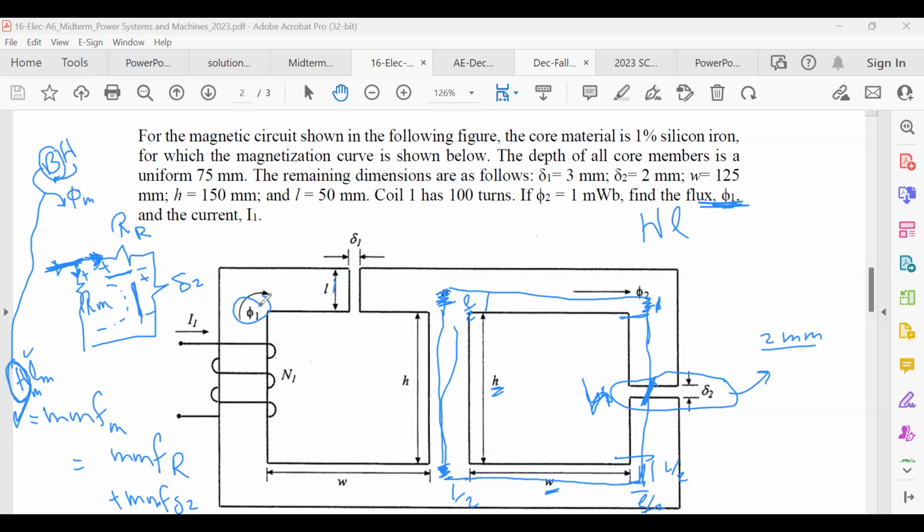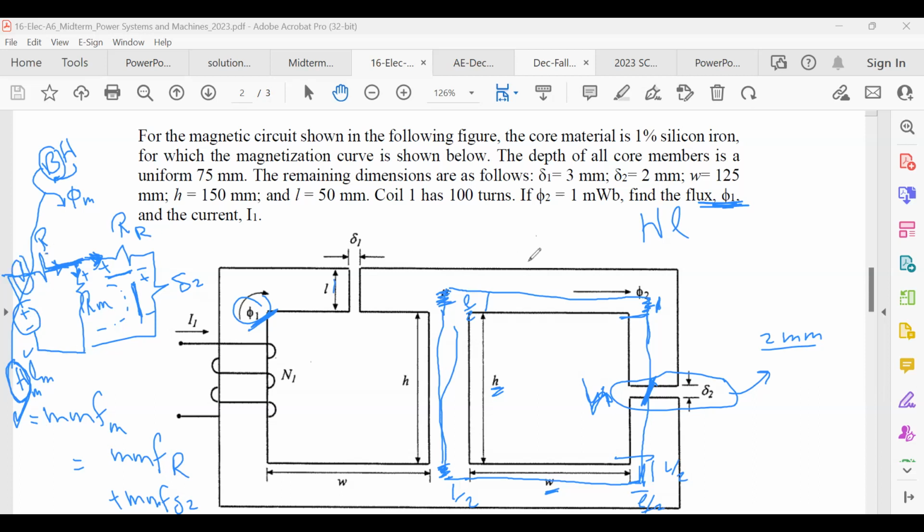Okay. Now you have this flux. Can I multiply this flux by the reluctance of the air gap to get the MMF of the air gap? And then we can do the same H times L for the part of the iron.